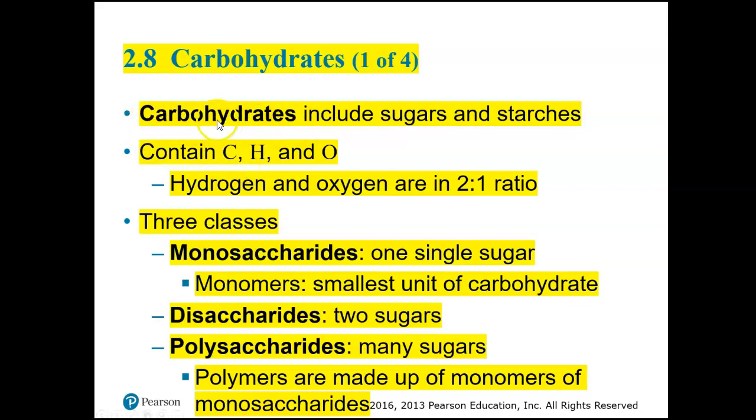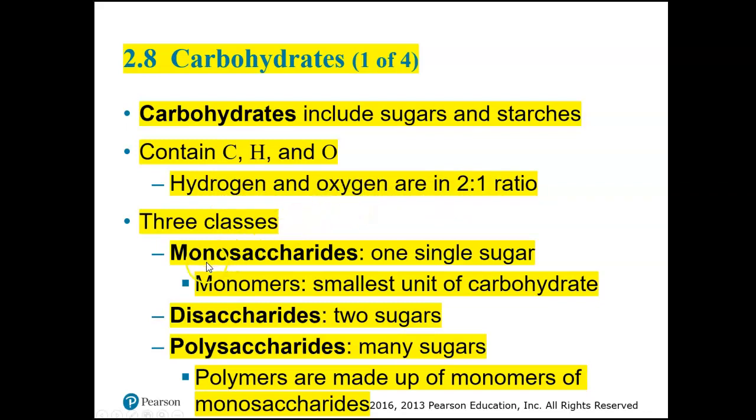Carbo is for carbon, hydra is for hydrogen, and anytime you have ATE, 8, on the end of the chemical name, that means it has oxygen. So carbohydrates contain carbon, hydrogen, and oxygen, and the ratio of hydrogen to oxygen is 2:1. You always have twice as many hydrogens as you do oxygen atoms.